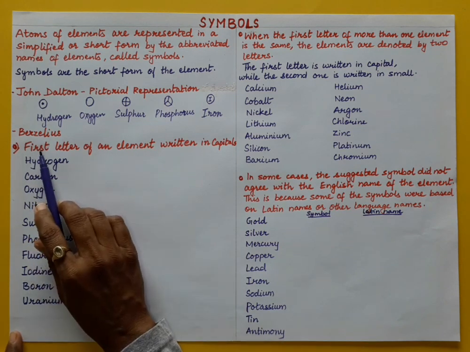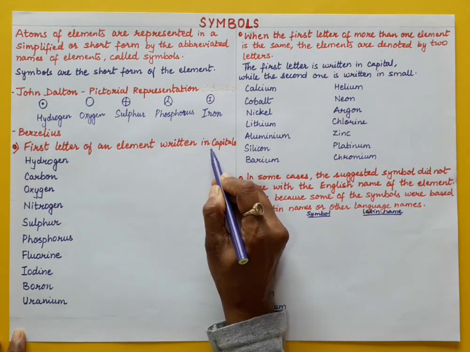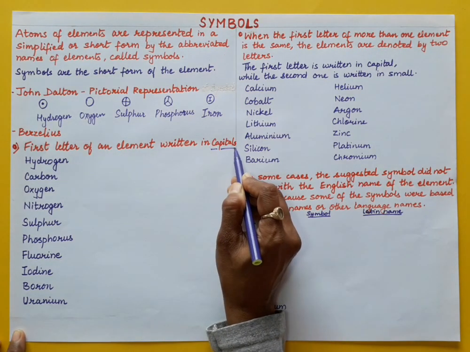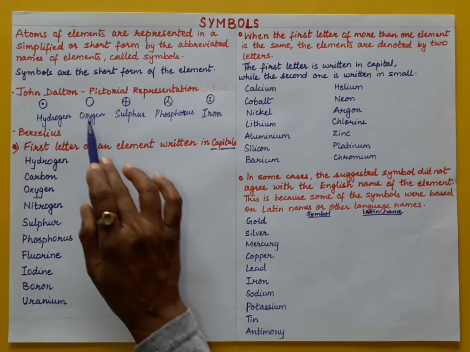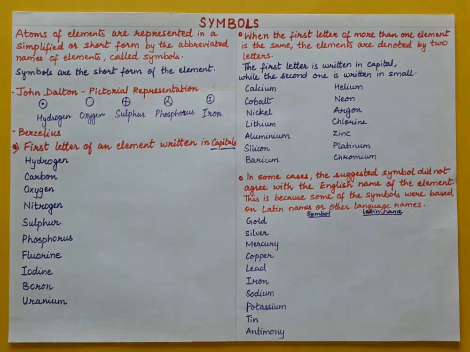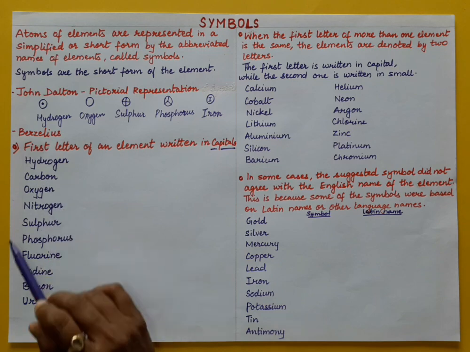The first rule is that the first letter of an element is written in capitals. Several elements started coming up, and the chemists were confused about how to give so many pictorial representations, and it was very difficult to remember them also. Then they started taking the first letter of the element.